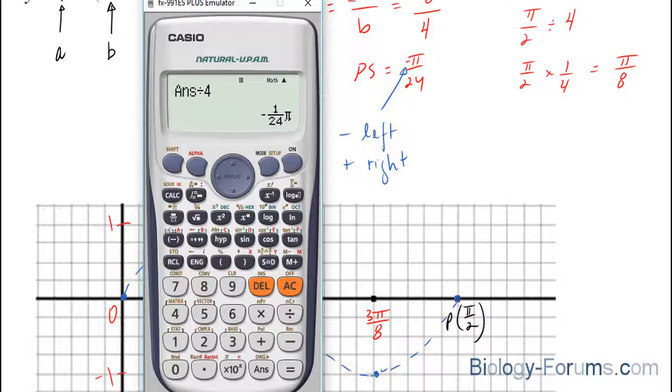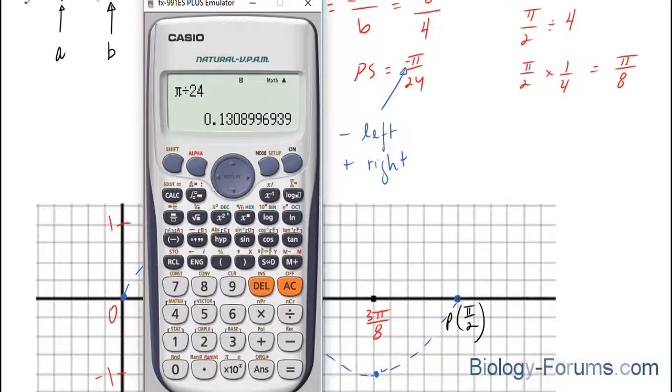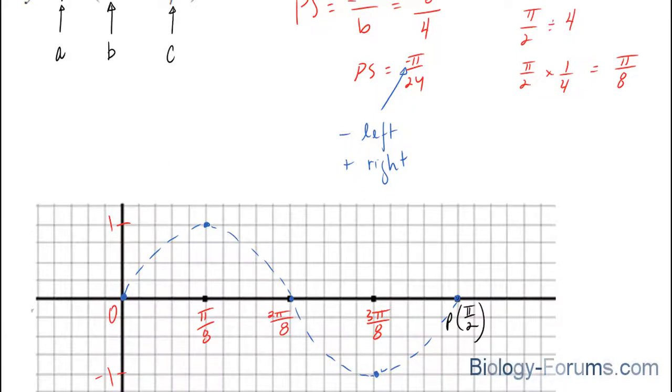Let's find out how much pi over 24 is. Pi over 24 is equal to roughly 0.13. Okay? So, how much is this one equal to? Pi over 8 is roughly equal to 0.39. So, this right here would be negative pi over 8. And 0.13, which we found was equal to pi over 24, would be somewhere here.